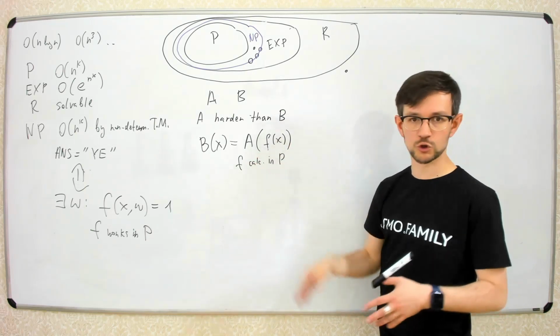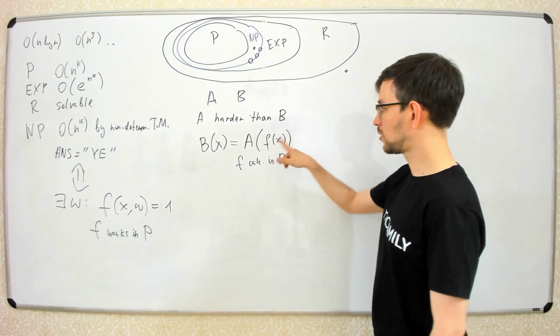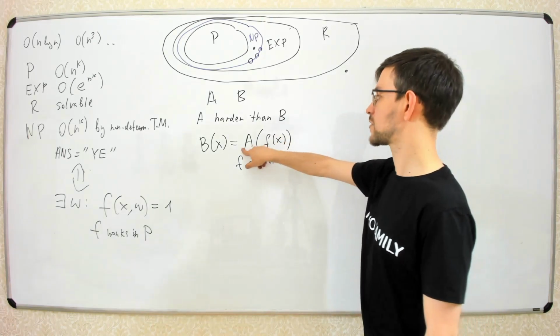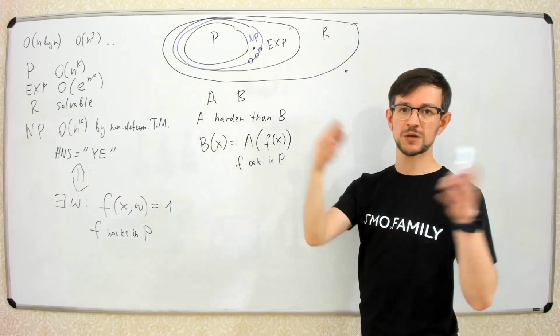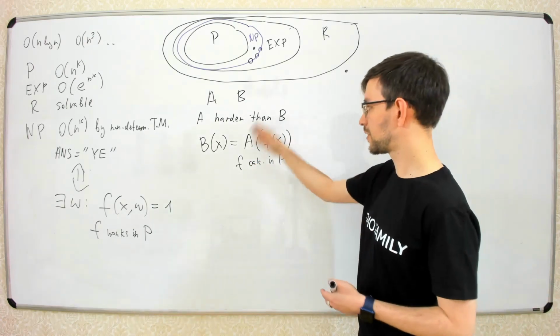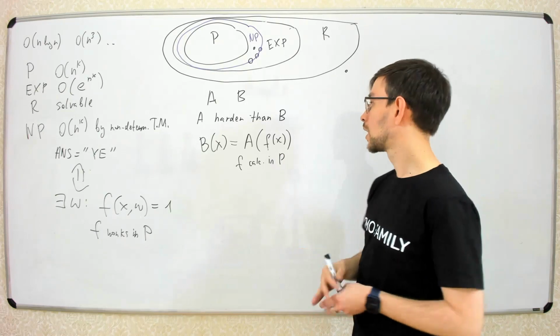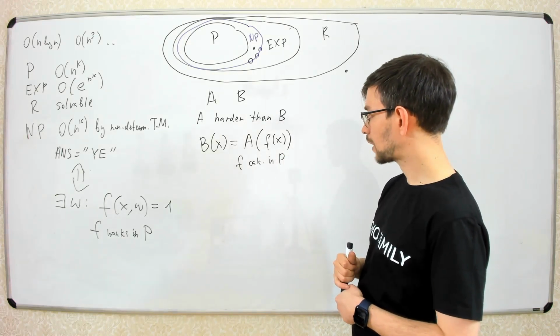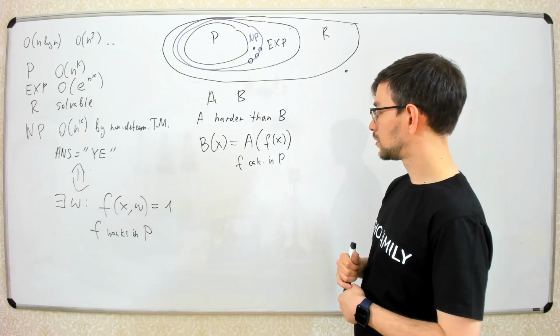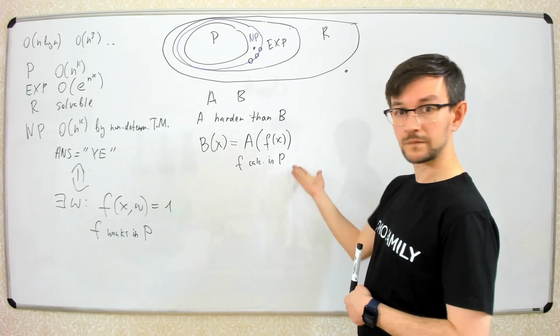Then the whole thing will run in polynomial time, because we make this modification in polynomial time and then run problem A in polynomial time. It will be a polynomial of some polynomial, so it is still some polynomial, right? So the whole thing works in some polynomial time. That's all.